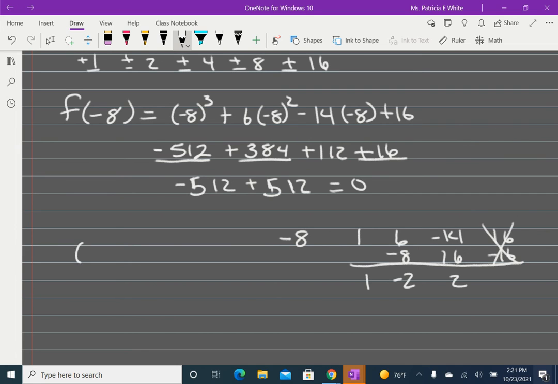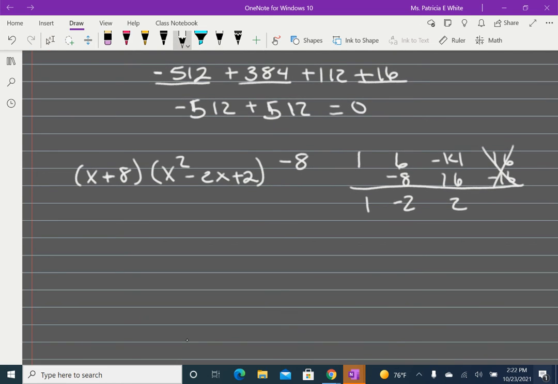All right. So right now, as it stands, I have x plus 8 times x squared minus 2x plus 2. Is there anything I could multiply to get a positive 2, like 1 times 2, that would add to a negative 2? No, this will not factor.